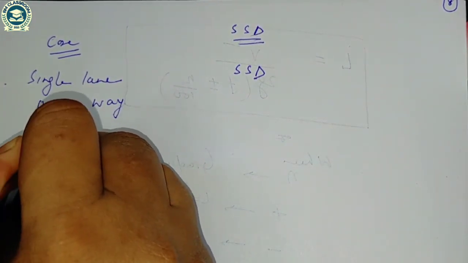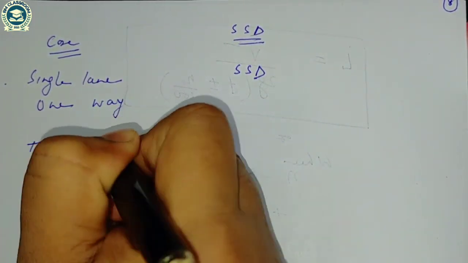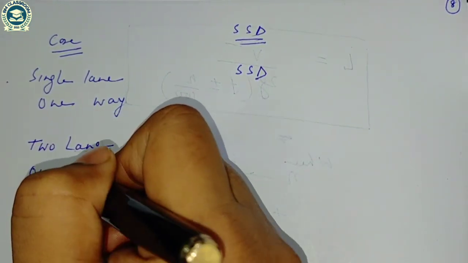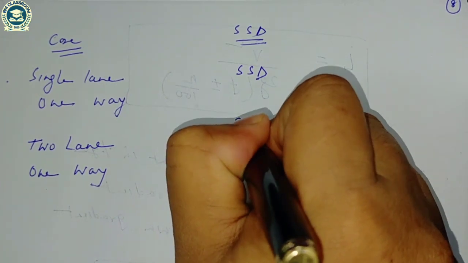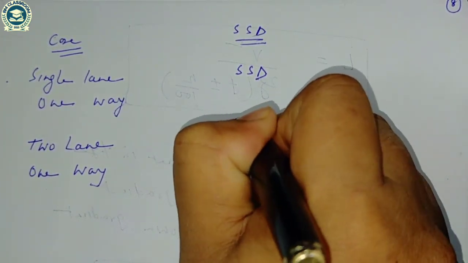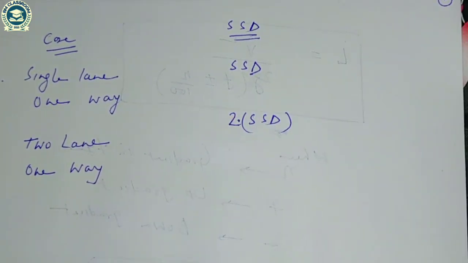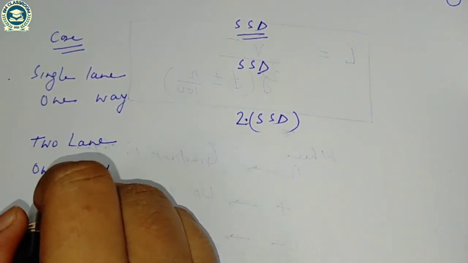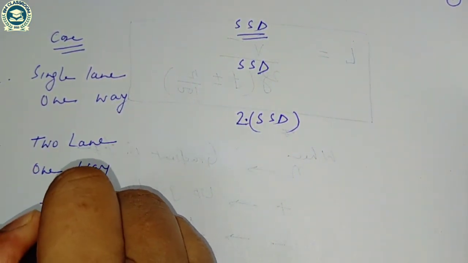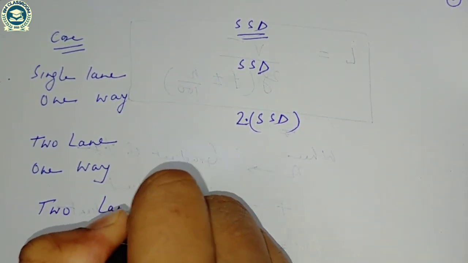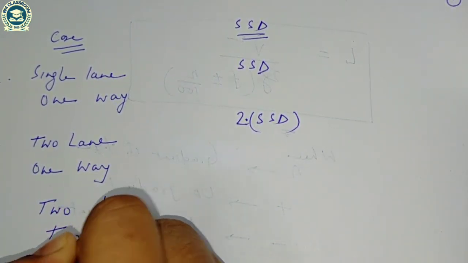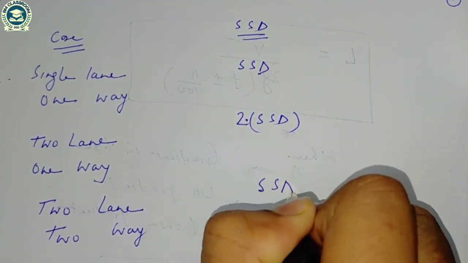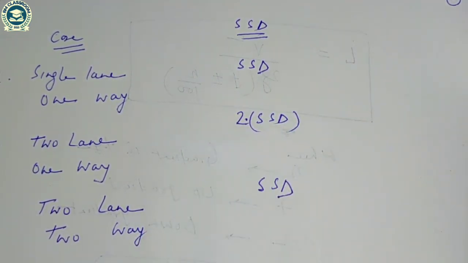For two lane one way, it will be 2 times the stopping sight distance. And for two lane two way, it will be the same as the stopping sight distance.